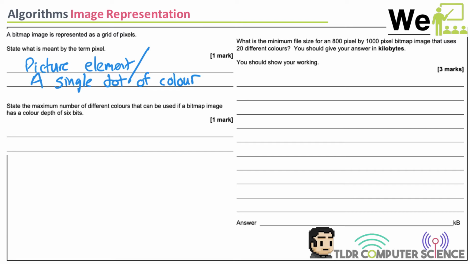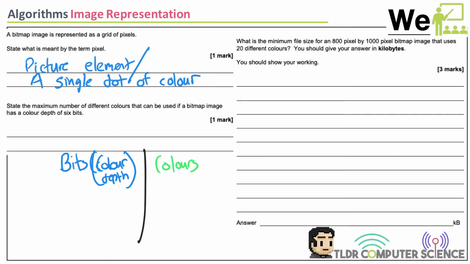So as a reminder, on this side, we've got bits for color depth, and then on the other side I'll have the total number of colors. If there's one bit, either 0 or 1, so you have 2 colors.